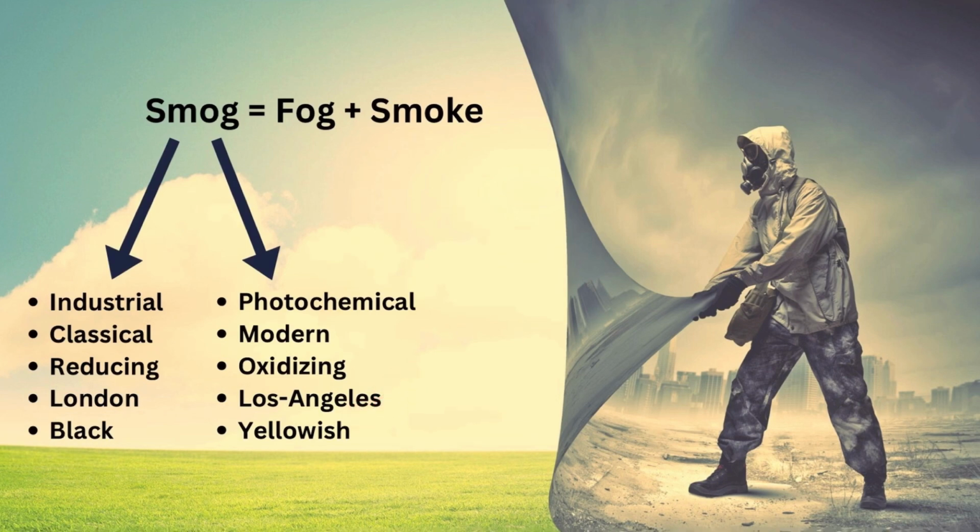The biggest incident of this smog happened in Los Angeles, USA, so it is also known as Los Angeles smog. It is a yellowish brown haze in color, and that is the characteristic of photochemical smog.